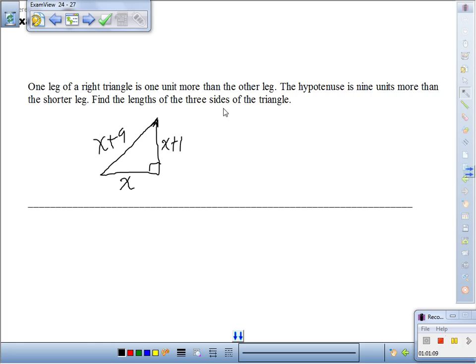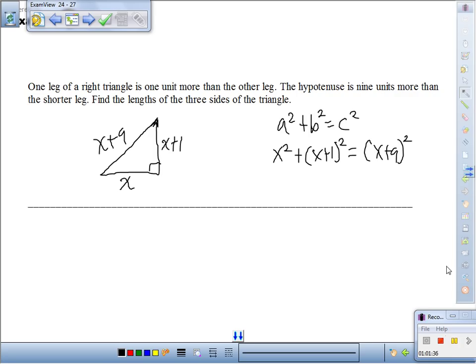It says find the lengths of all 3 sides of the triangle, not just X. So we use a squared plus b squared equals c squared. What is a? X, so we write x squared plus, what is b? X plus 1 squared equals, what is c? X plus 9 squared.